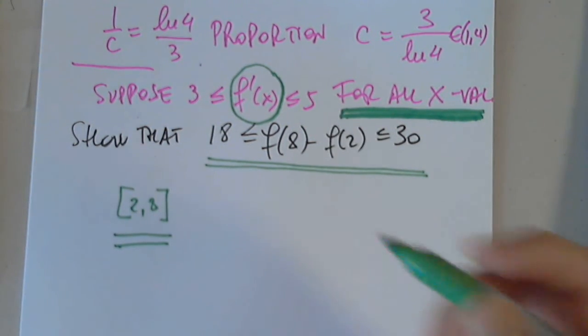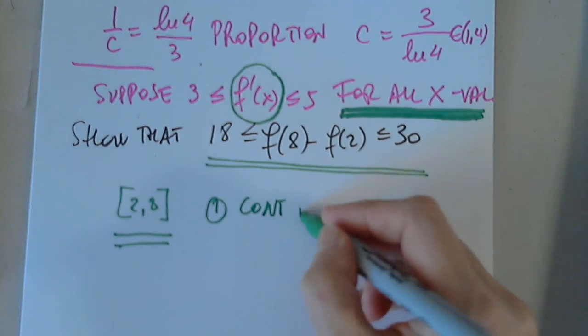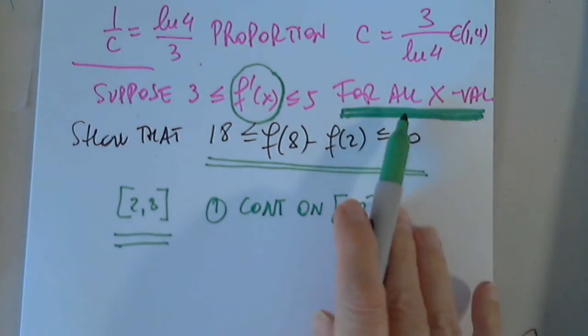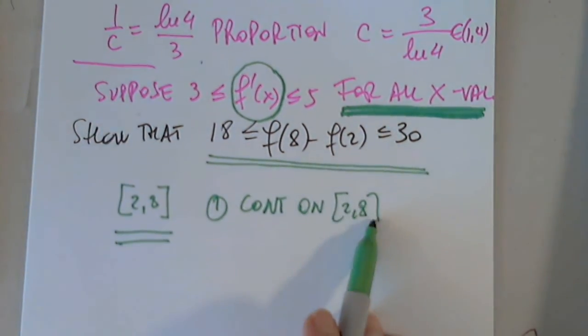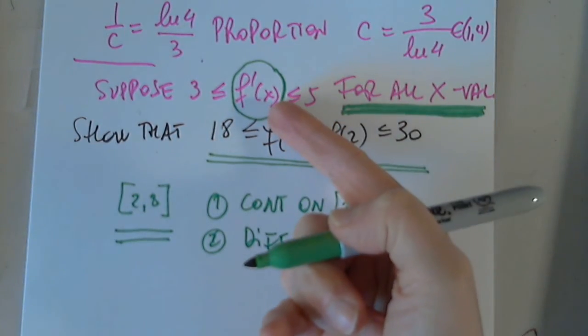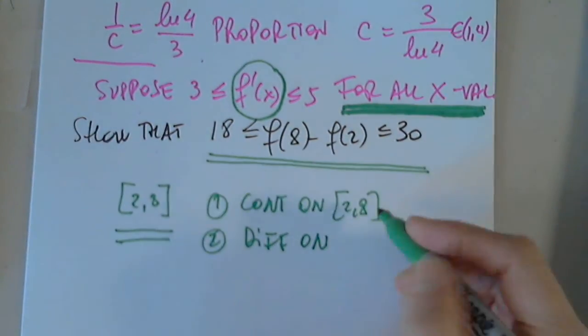Okay, then, number 1, continuous on [2, 8]. It's continuous everywhere, for all x. Number 2, differentiable. It says so. The derivative exists everywhere, so also on (2, 8).